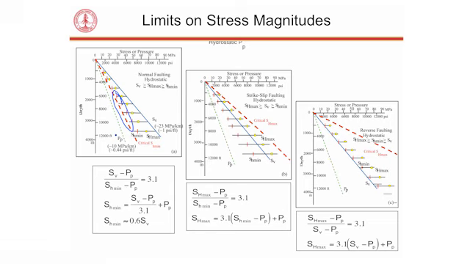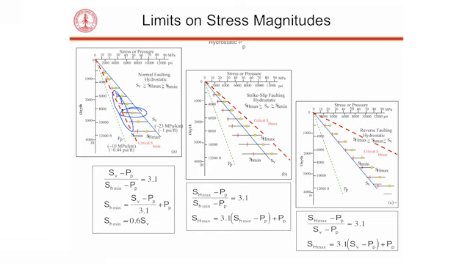That red dashed line represents the minimum value of SH min, because if it gets any lower, normal faults will start to move. So now we've really established a range of stress magnitudes at a given depth, knowing that it's normal faulting, knowing what the pore pressure is, and knowing that not all values of stress are allowable because the Earth just can't hold all values of stress.